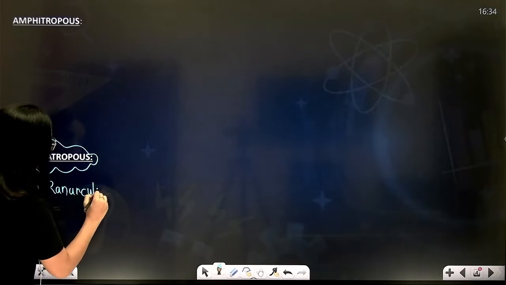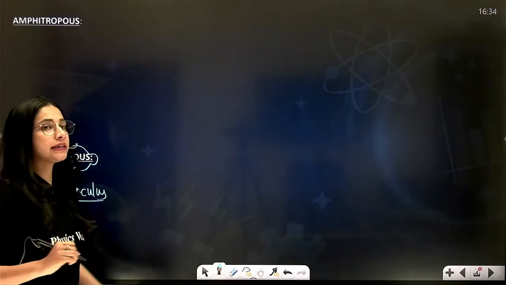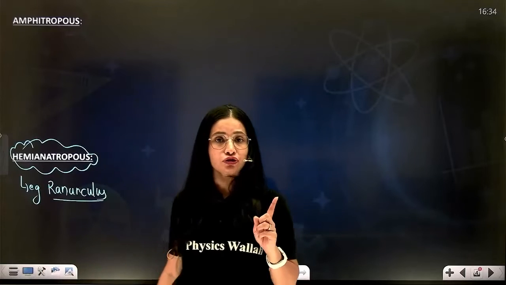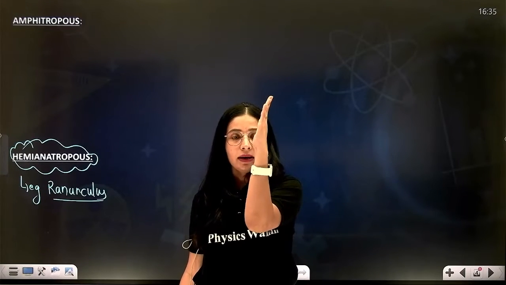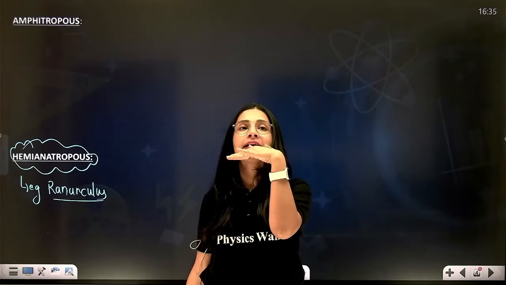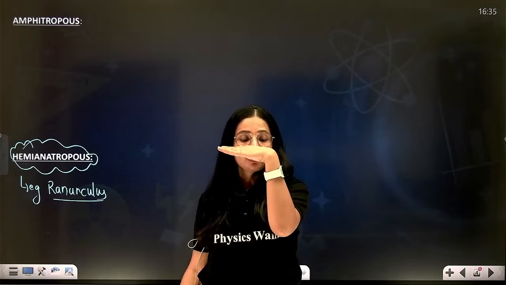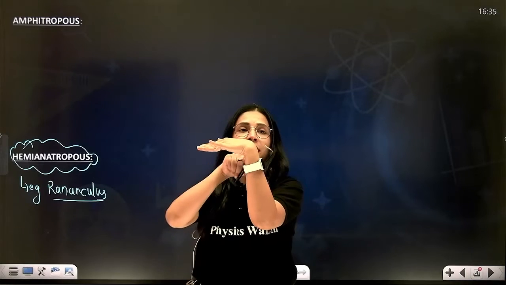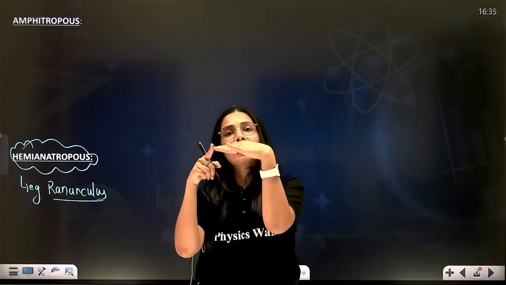Ranunculus. Now what happens, beta? You have seen an orthotropous ovule is straight, but in hemianatropous, the ovule is going to bend at 90 degrees. So funicle over here, chalaza on this side, micropyle this side.